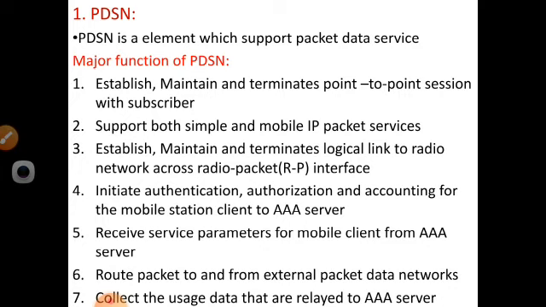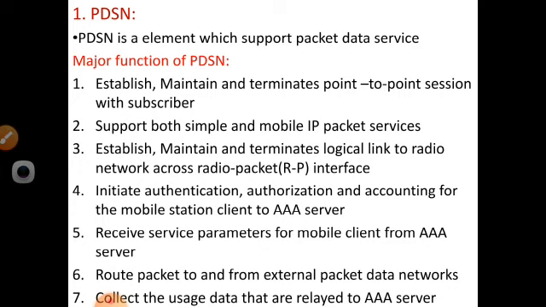The first A represents authentication, the second A represents authorization and the third A represents accounting. At this level, the client acts as the mobile station. By using this concept, the PDSN receives the service from the server towards the client.